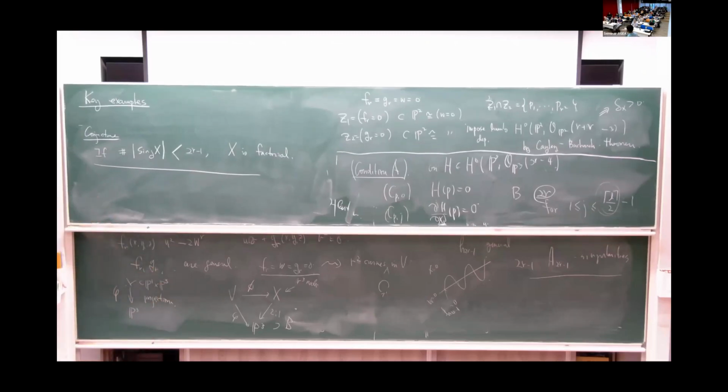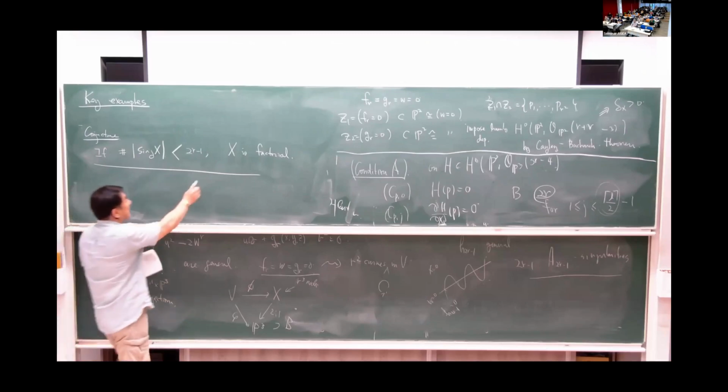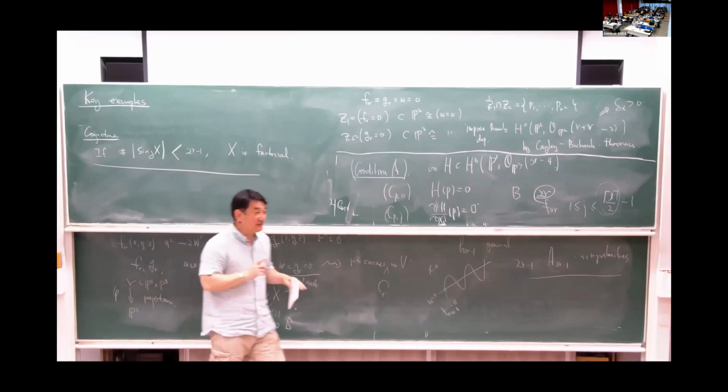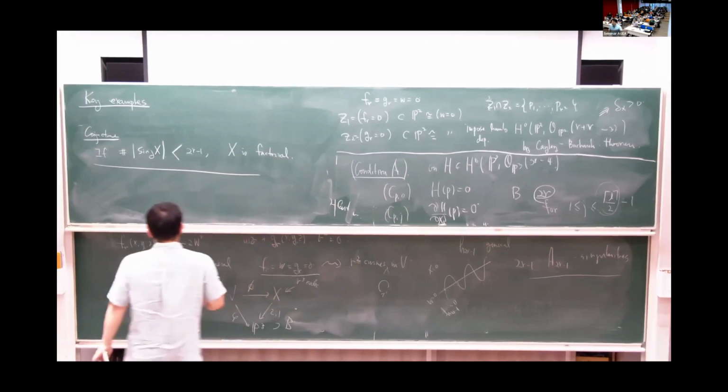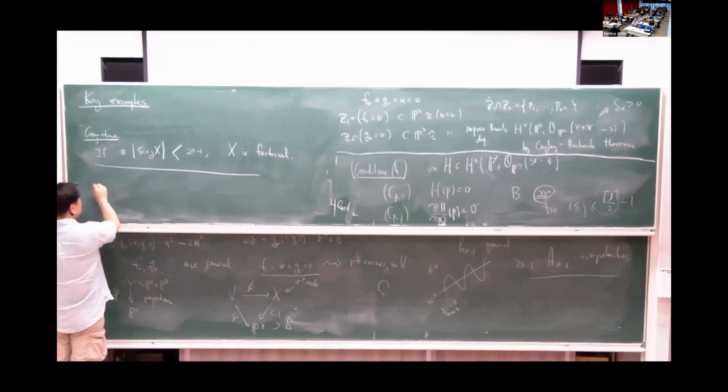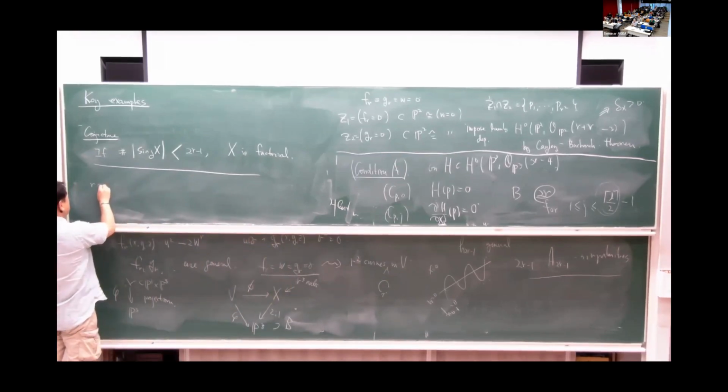So X only has the CA1 singularities. That's the assumption. So I checked for this; it is nothing to prove when there are no singular points.